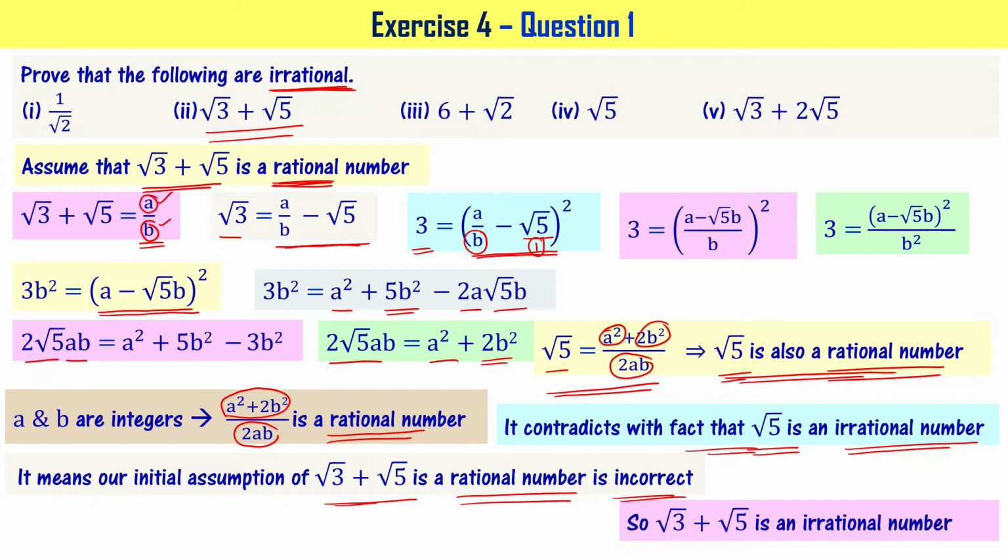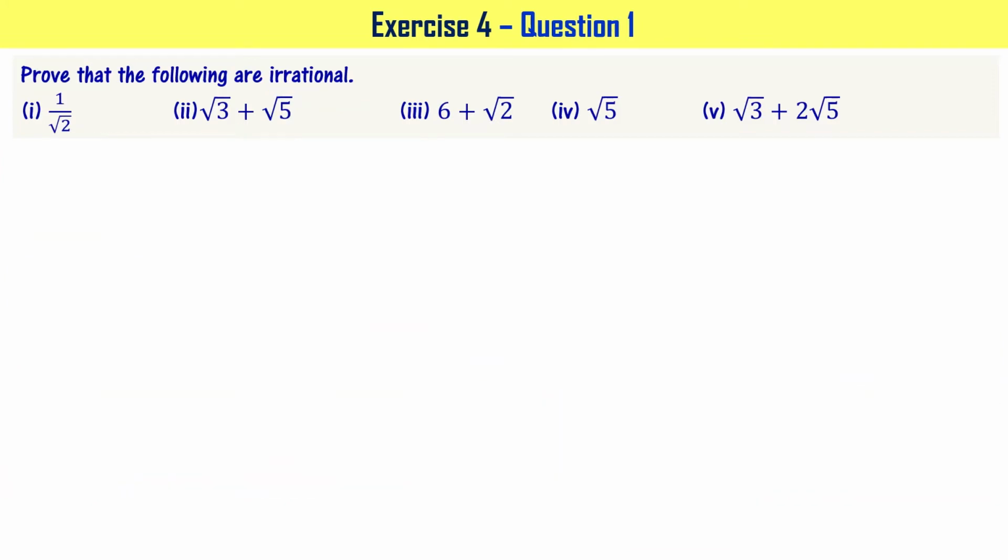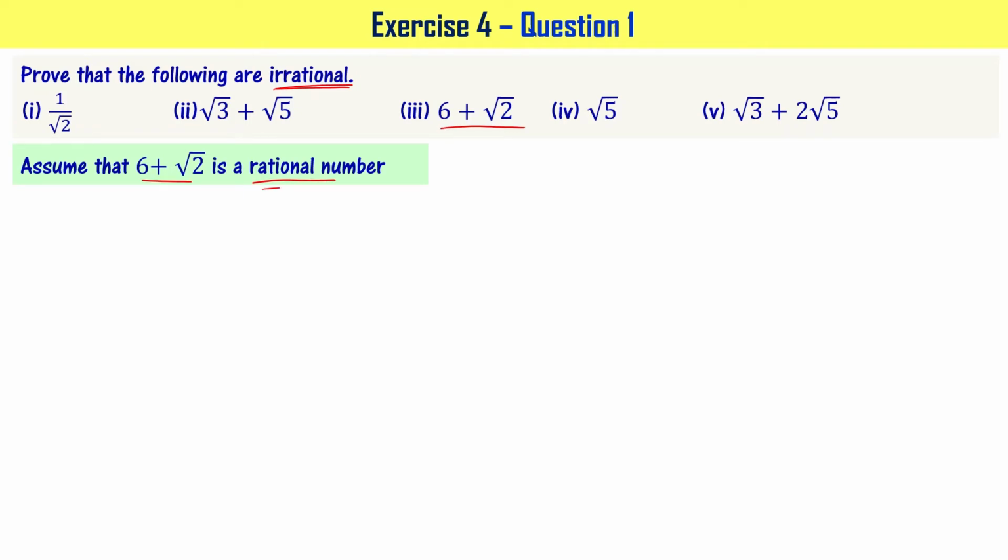Got it? Now let's look at the third part of the problem, that is 6 plus root 2, right? We have to show that it is an irrational number. Here also we go by proof by contradiction method. As per that method, we assume that 6 plus root 2 is a rational number. If it is a rational number, it can be expressed as a ratio of two integers, right?